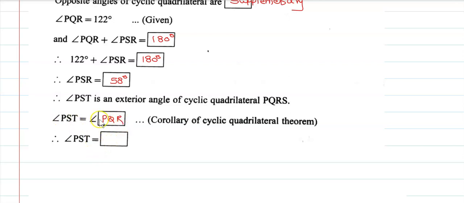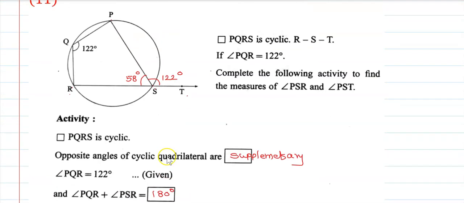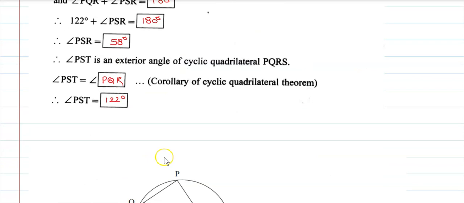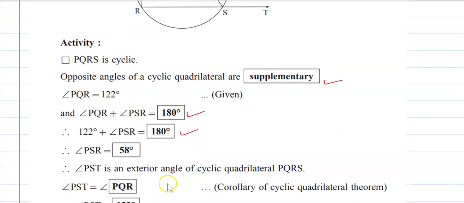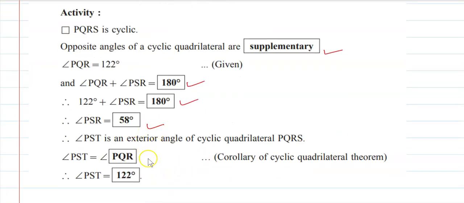And hence the measure of angle PST is equal to 122. Okay. And in this way, we completed this activity. Again you can see the answers. These are the supplementary 180, 180, 58. Measure of angle PST is equal to measure of angle PQR. Therefore, measure of angle PST is equal to 122 degrees.